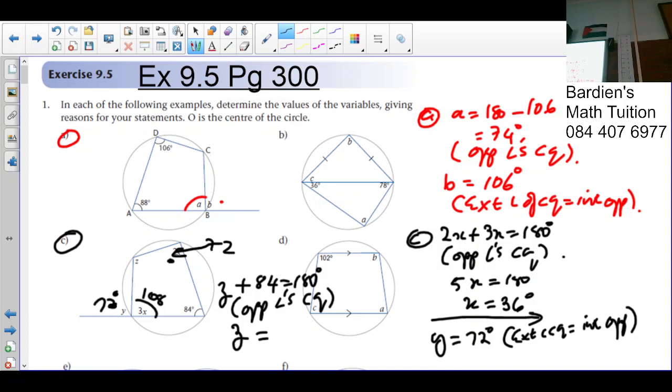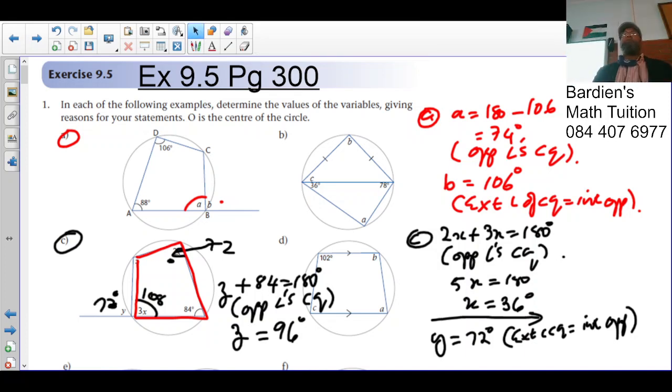So Z works out to be 180 minus 84, which is 96 degrees. Okay. Or I could have said Z plus 72 plus 84 plus 108. Those 4 angles add up to what? 360. Interior angles of a quad. Okay, but that is the theorem we just learned now. Any confusion here, people? No?